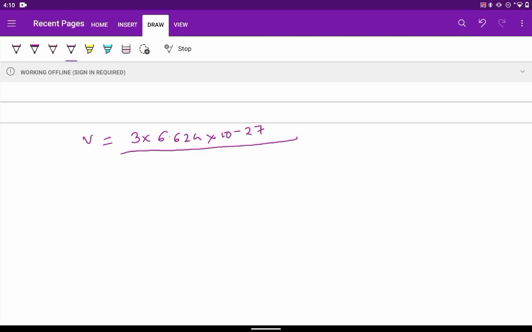So 2 into 3.14 into 9.108 into 10 to the power minus 28. Mass you have to put 9.108 into 10 to the power minus 28 into R just now we got into 4.761 into 10 to the power minus 8.